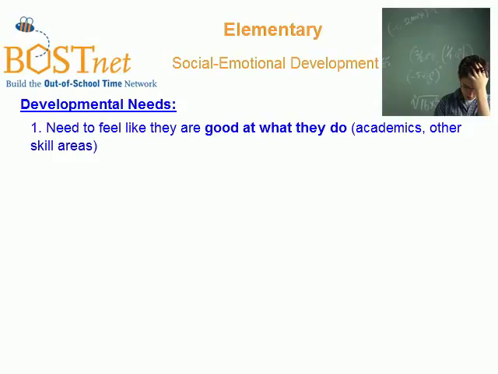So kids who are very artistic, very athletic, very creative, who have a really good sense of humor, who understand themselves or their peers really well, who are very musical, you can lift those talents up and build a sense of self-efficacy and pride in those kids. And that's really developmentally important.